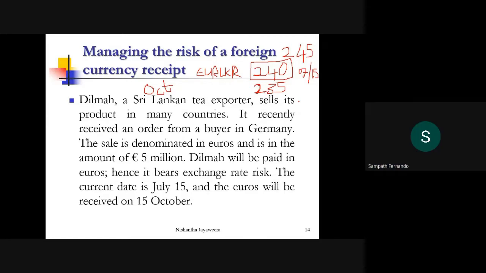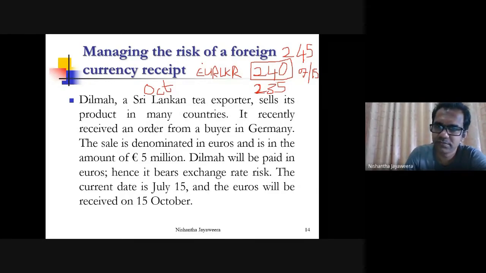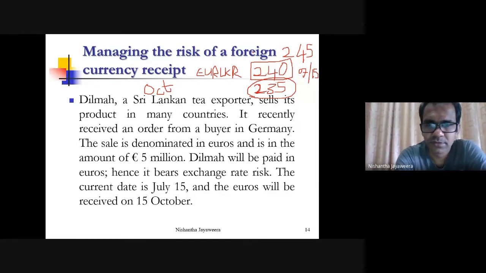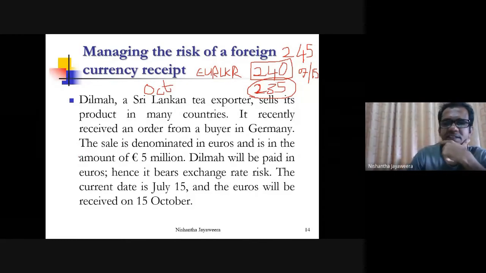235. Because by the time he receives this foreign currency inflow and tries to sell it in the market and get rupees, he will get a lesser amount. But if it is 245, he's happy. He will get more rupees. So basically the risk is rupee appreciation, isn't it?